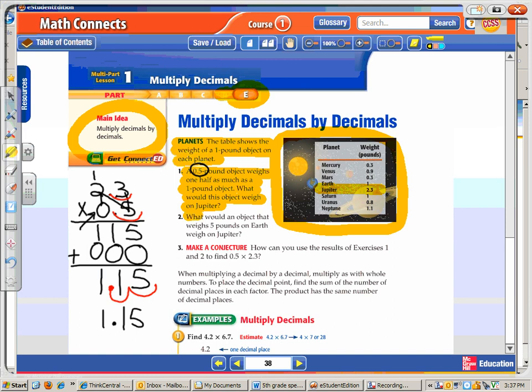Okay. What would an object that weighs 5 pounds on Earth weigh on Jupiter? Okay, so Jupiter, once again, a 1-pound object is 2 and 3/10, so now we're going to take a 5-pound object and weigh it on that. So we would take the 2 and 3/10. Let's go ahead and erase this.